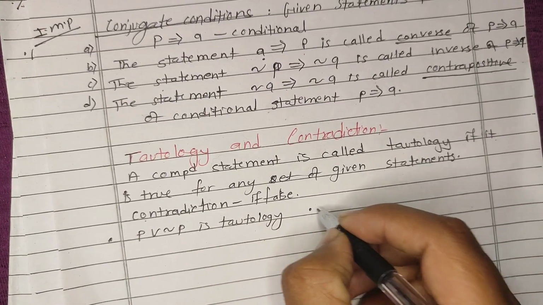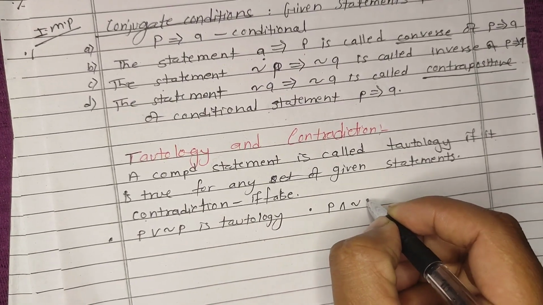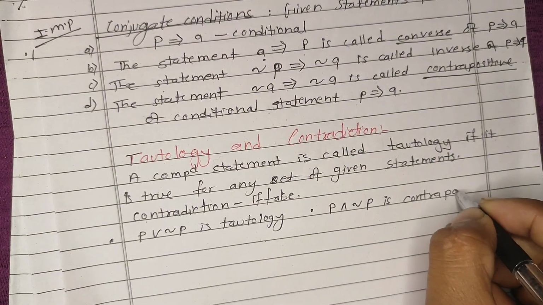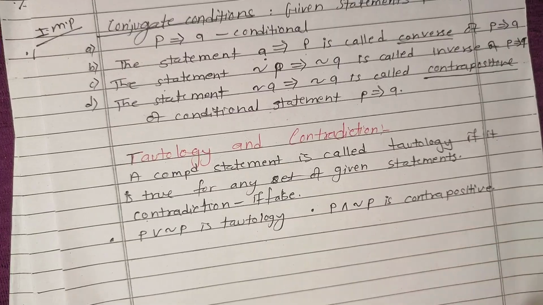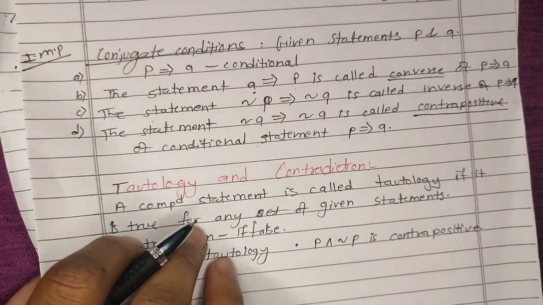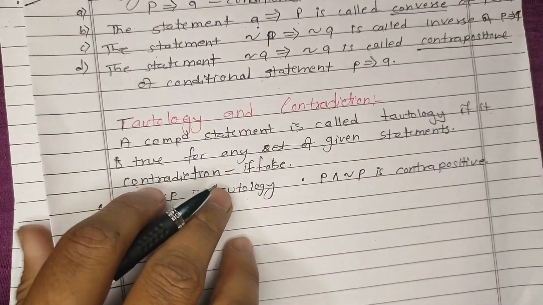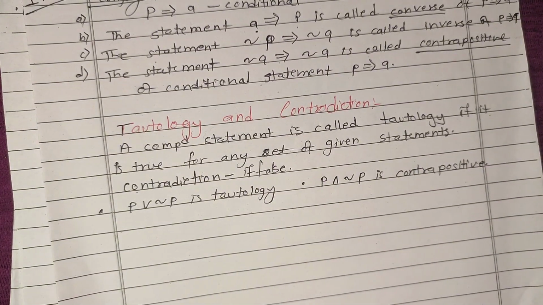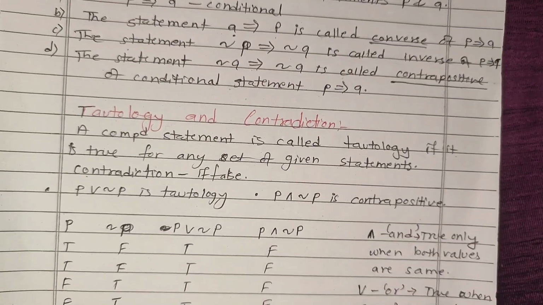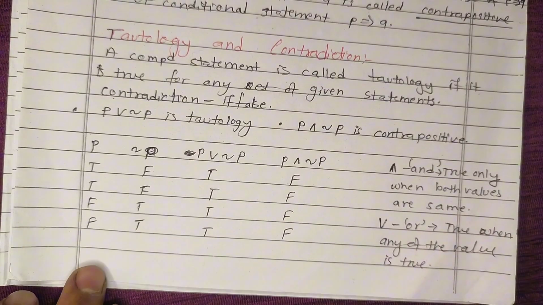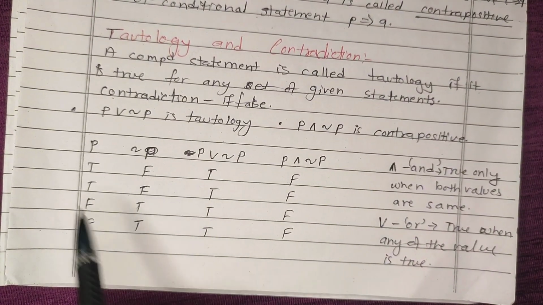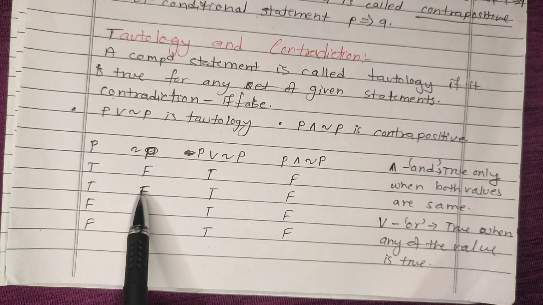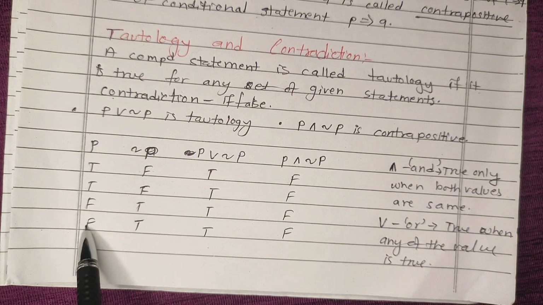I will make the truth table also. Now I have made the truth table for this. True, negation of true is false; false, negation is true.